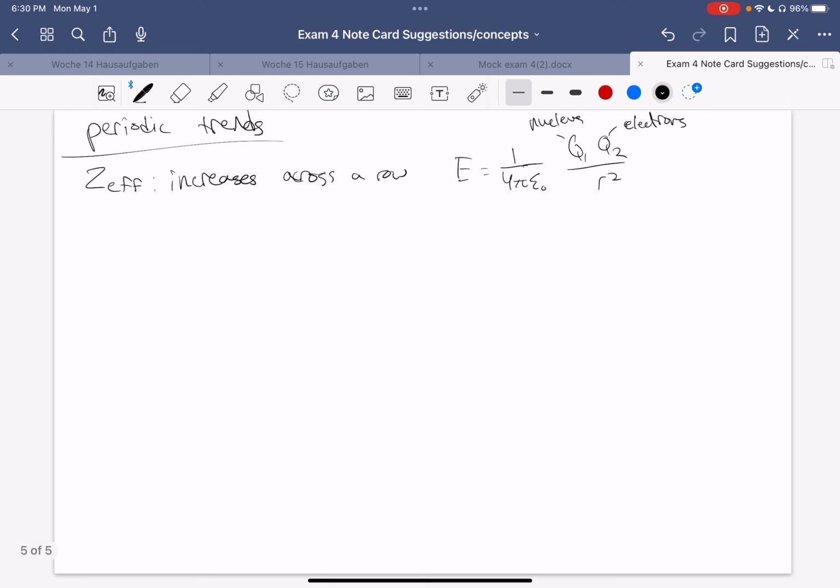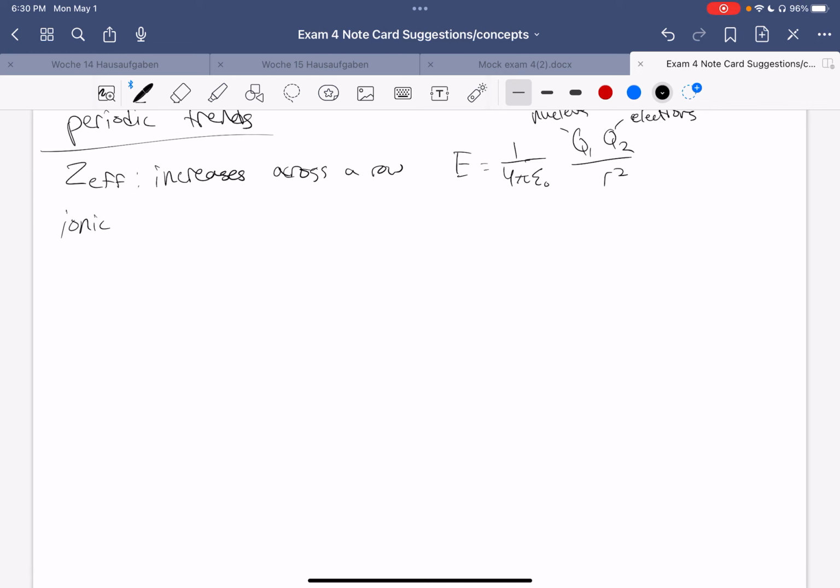That can explain another rule, atomic slash ionic radius, and specifically right now the atomic radius. Just like we said, as the effective nuclear charge increases, the valence electrons are held more tightly, which means they're physically pulled closer to the nucleus.